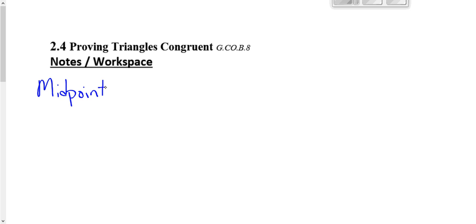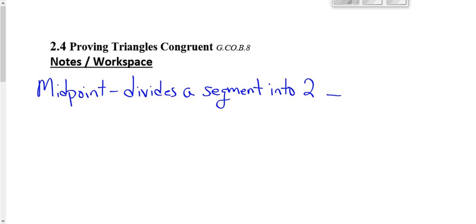Midpoint is the point that divides the segment into two congruent segments. It divides like a bisector, but it's just a point. Divides a segment into two congruent segments.